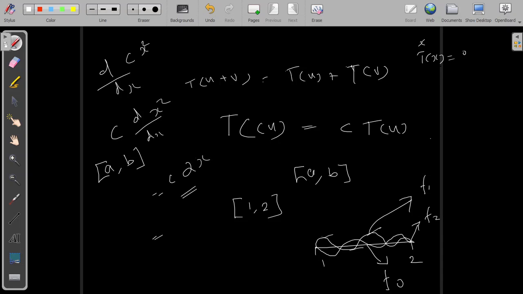Here the transformation is derivative. So derivative of a function is 0 means that function must be a constant function.